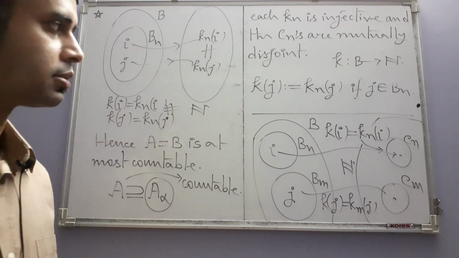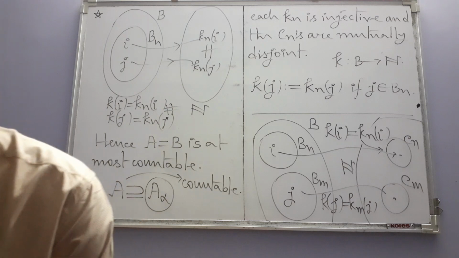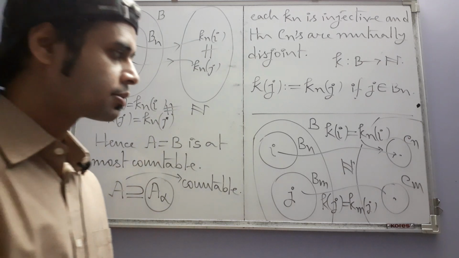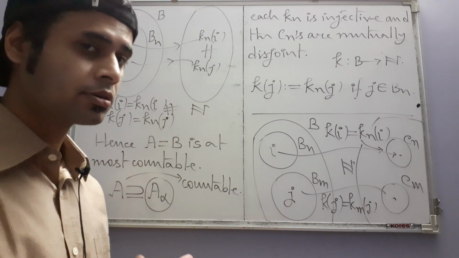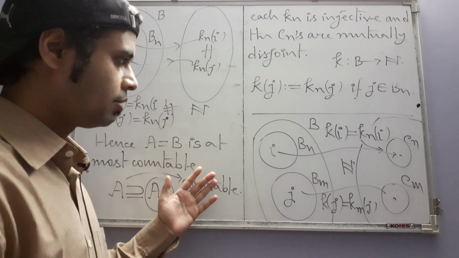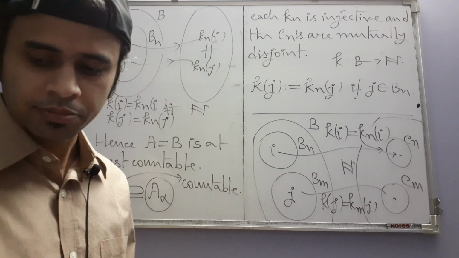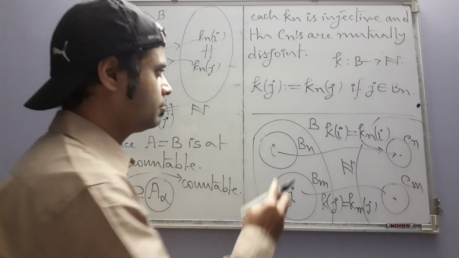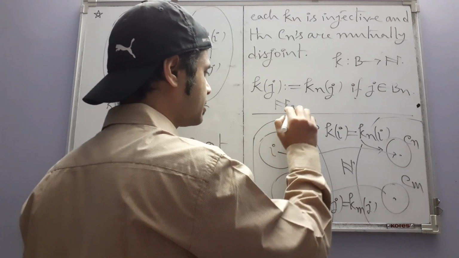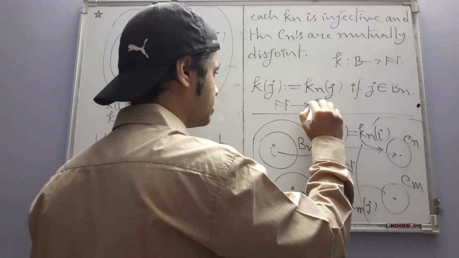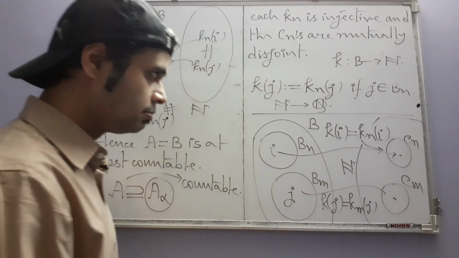There is one more exercise in this set where we will be asked to give a concrete example of a bijection between N, that is the set of natural numbers, and the set of rational numbers.